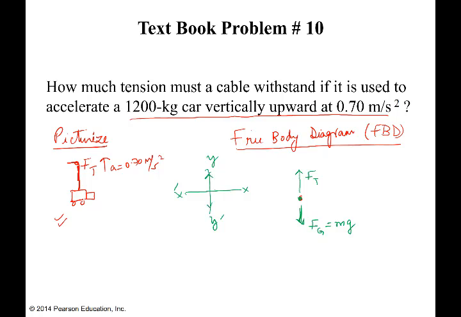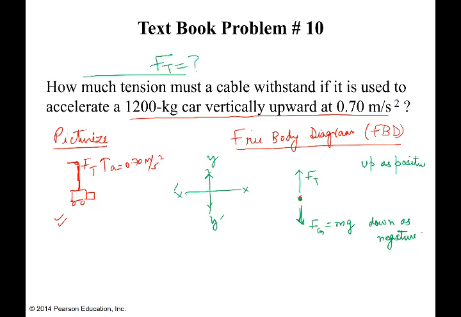Now we choose up forces as positive, just like our axes, and down as negative. And we have to find out Ft.